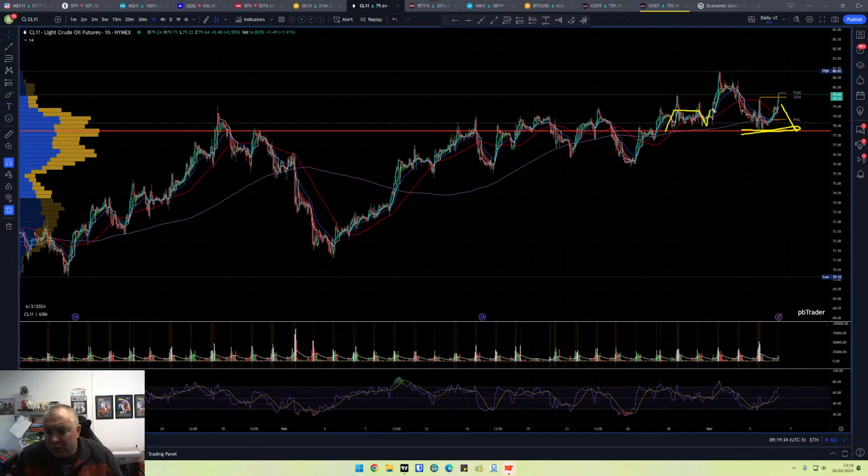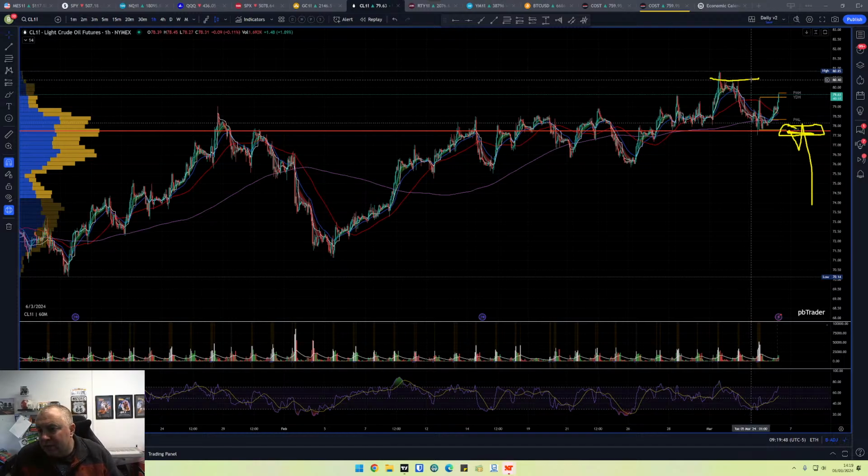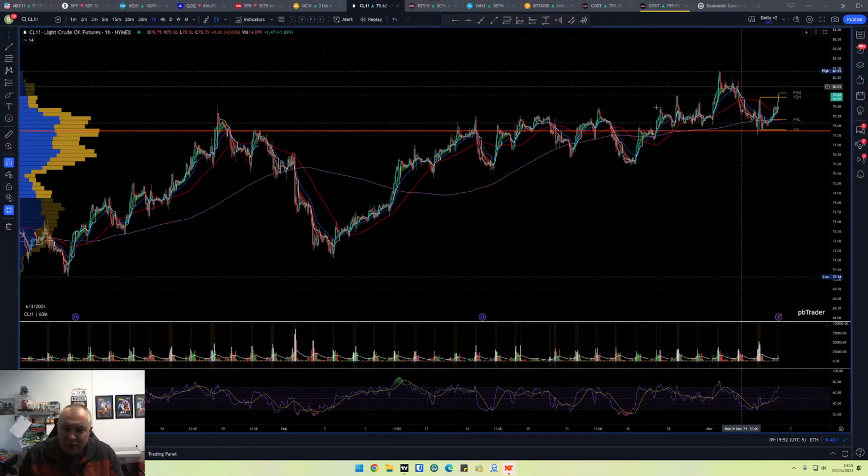We could potentially be putting in this head and shoulders pattern if we do get down to that low, so bear in mind we have to bounce, or we can break and retest the low. So they're the two levels, 78 through to 77.50. And then rejection up at 80.40 to 80.76. They're the only areas I can see on oil.